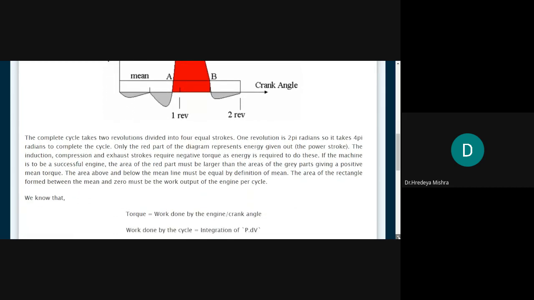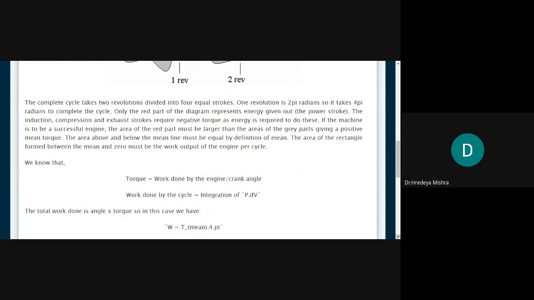Okay, so whatever I told you is written here in the form of text. Torque equals work done by the engine over crank angle. Work done by the cycle equals the integration of P dV. Integration you may have studied in first year mathematics classes.